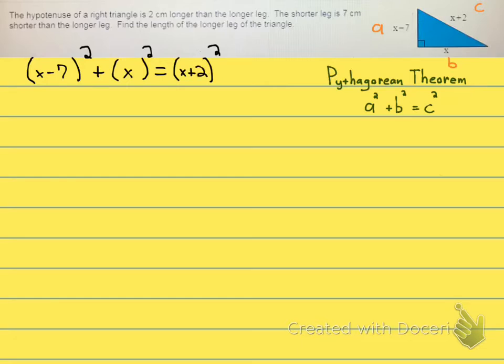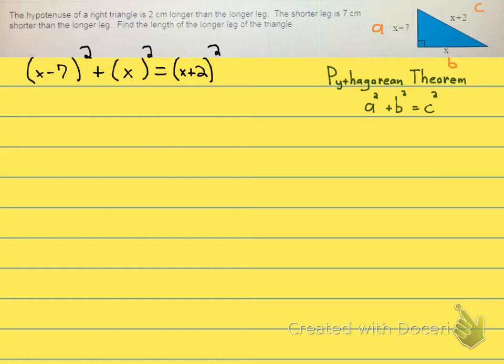All right, we have our equation. Let's go ahead and square this binomial. x squared is just x squared, and then we'll have to square this one. Now remember, when you're squaring a binomial like this one, we have to write it out twice and FOIL it. When in doubt, write it out.